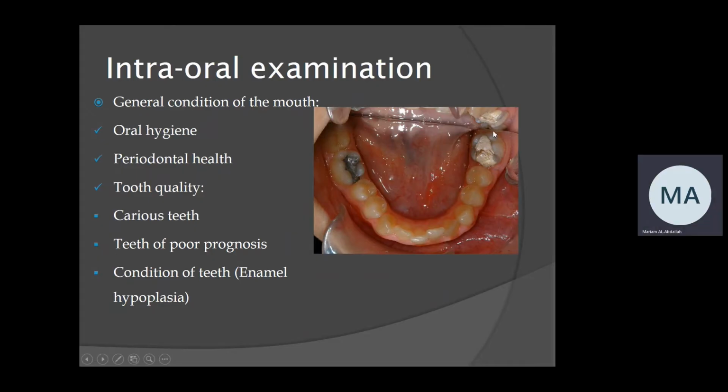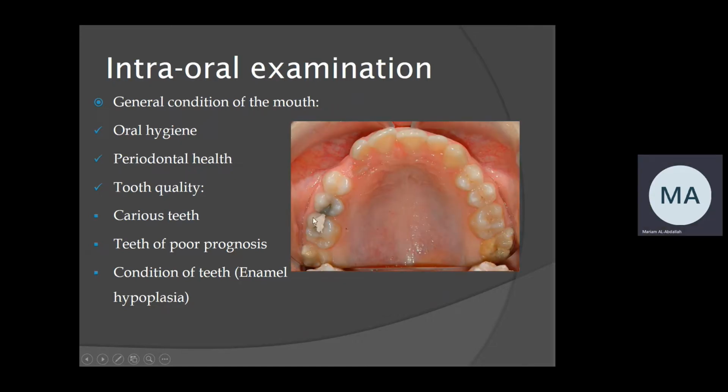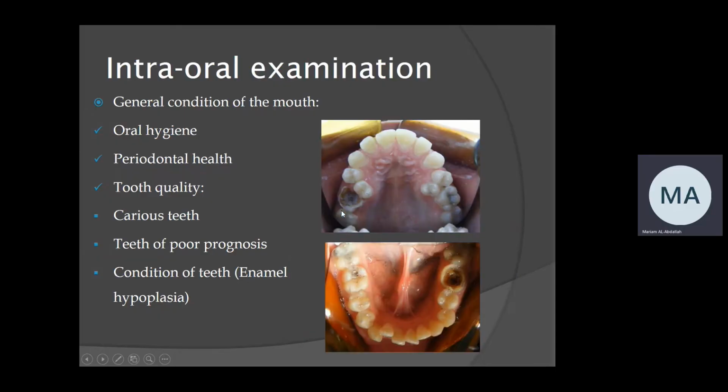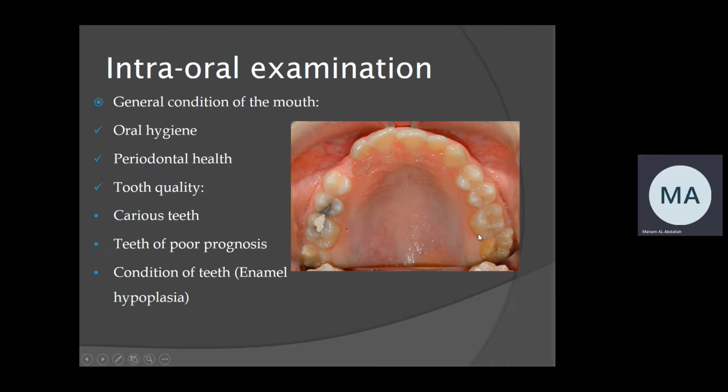Temporary filling in the lower left 6, two surface filling in the lower right 6, temporary filling in the upper right 6, and an amalgam filling in the 5. We also have here a hypoplastic 7 in the upper left quadrant. This is important to be documented.